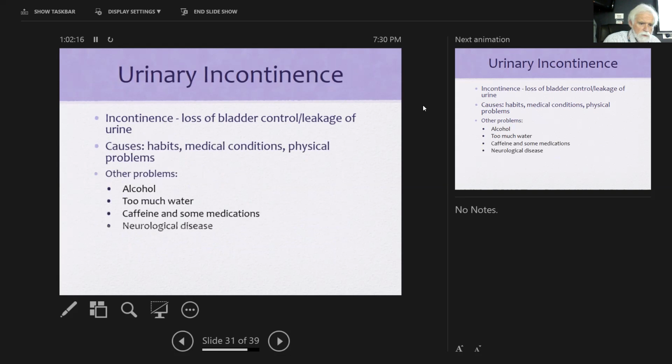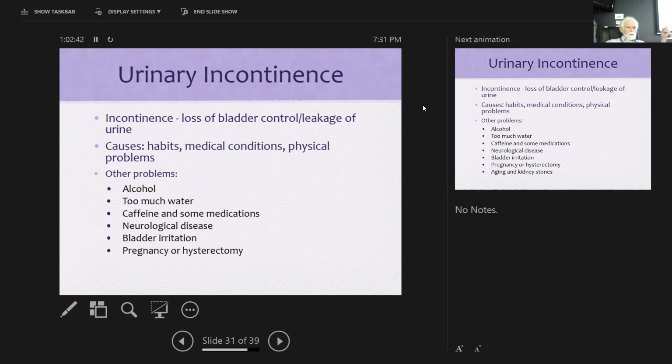We can actually see issues that arise from the consumption of alcohol and or too much water, medications, including caffeine, which, even though it's not classed as a drug, fits all of the definitions of a drug. Various neurological diseases also mess up the nerves that control the sphincters.